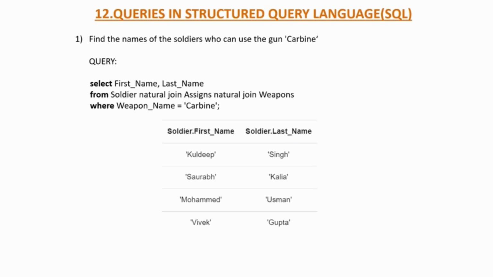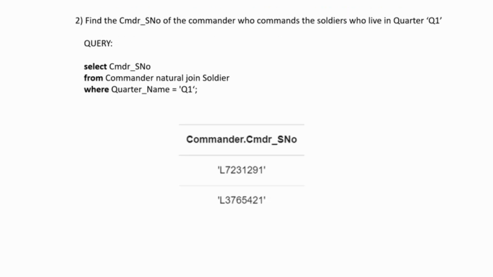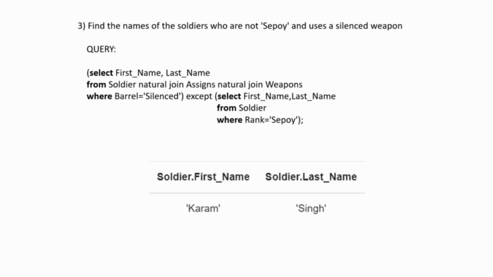The first query will be: find the names of the soldiers who can use the gun carbine. Next, find the commander serial number of the commander who commands the soldiers who live in Quarter 1. Find the names of the soldiers who are not sepoy and use a silenced weapon.